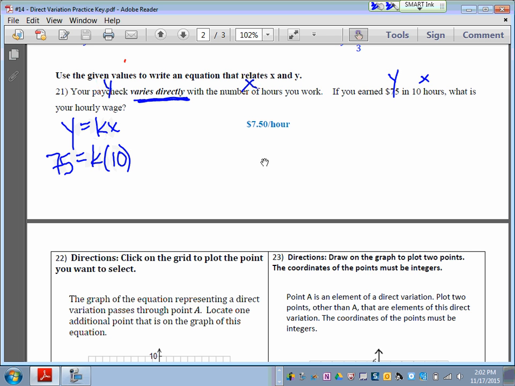Divide by 10. We get k equals 7.5. 7.5 what? $7.5 an hour. So varies directly just means that there's a number times the other variable. It's the same as slope and direct variation. Questions on 21?